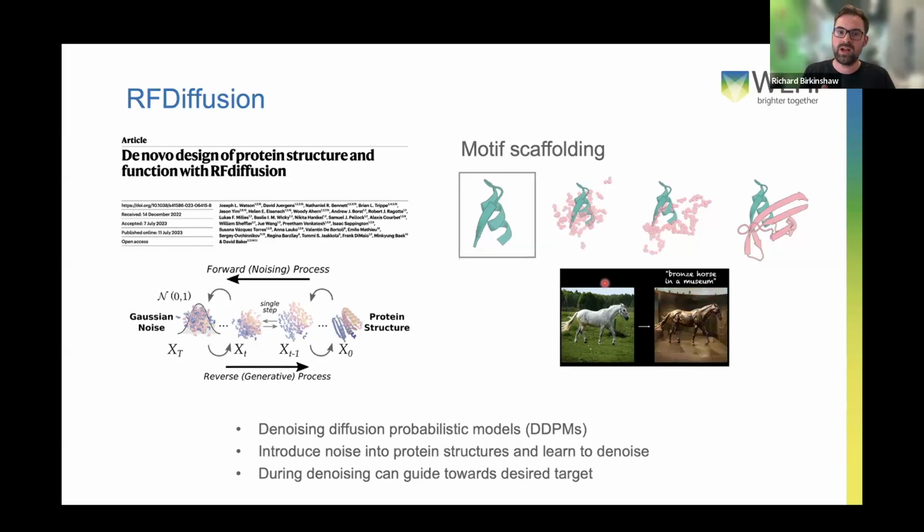Because you know how you've introduced that noise, and what I mean by noise is moving tokens around in space, whether that's an amino acid token or an atom token, and randomly distributing them into Gaussian noise. Because you know how you've created that noise, you can denoise it to come back to your protein structure. And this can be used in multiple different ways.